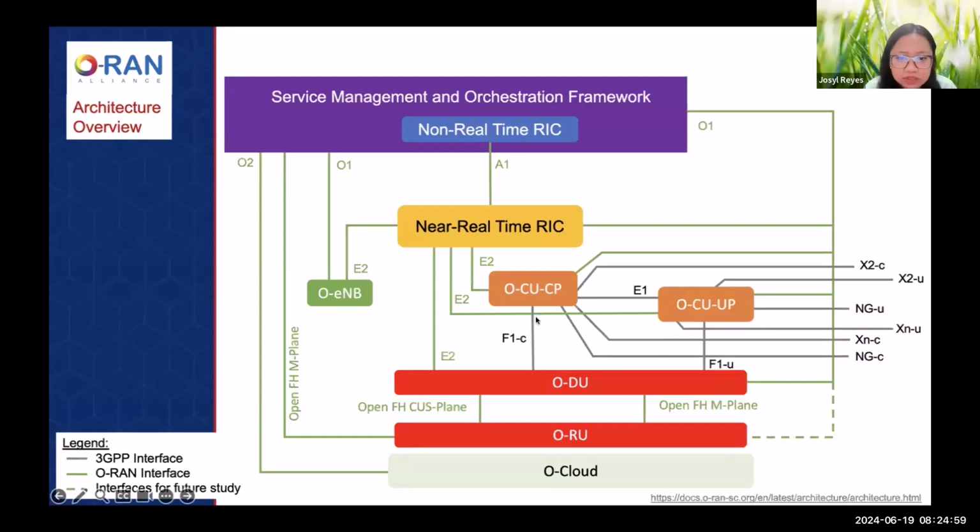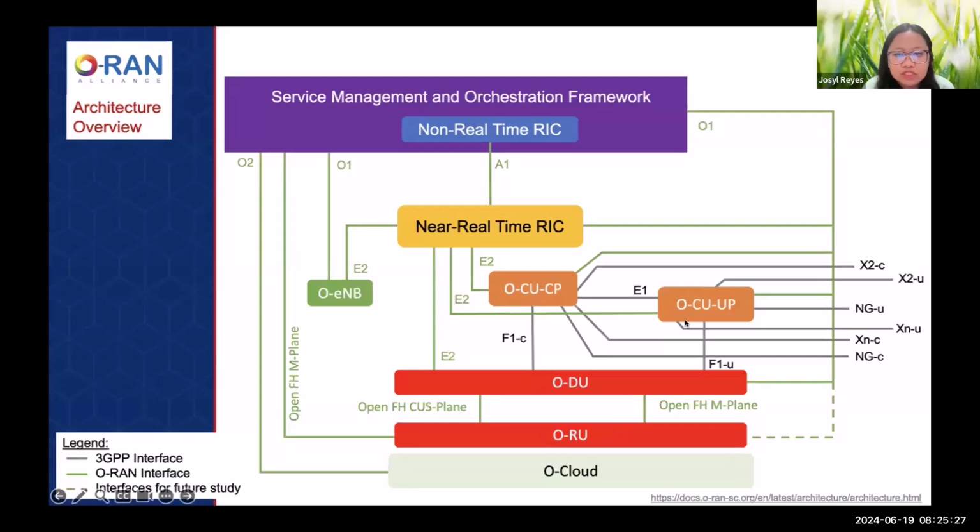Okay, so notice that the interfaces have different colors just to identify which ones are already defined by 3GPP and which ones are O-RAN Alliance defined. The gray ones are 3GPP defined, like this midhaul, and the others are O-RAN interfaces, like the fronthaul interface. Okay, so those are the three components.